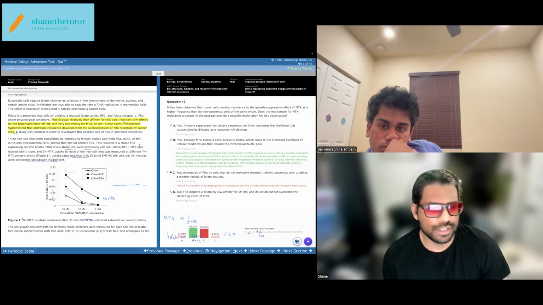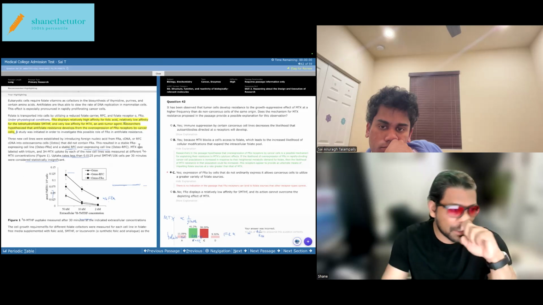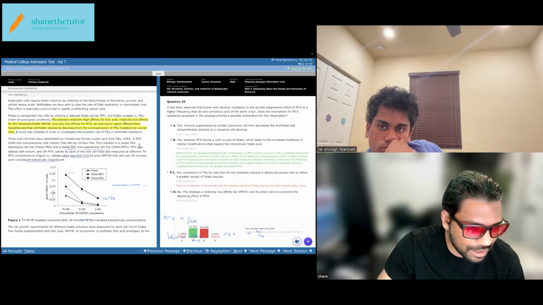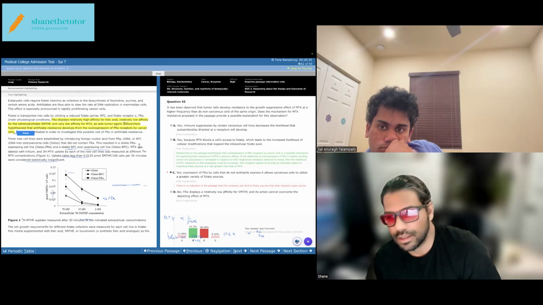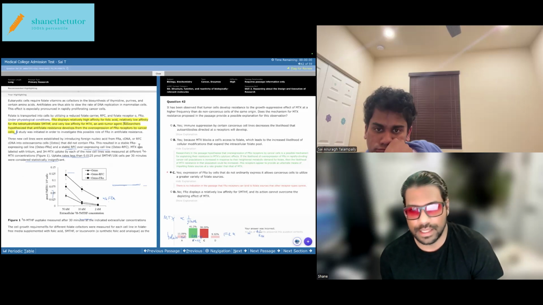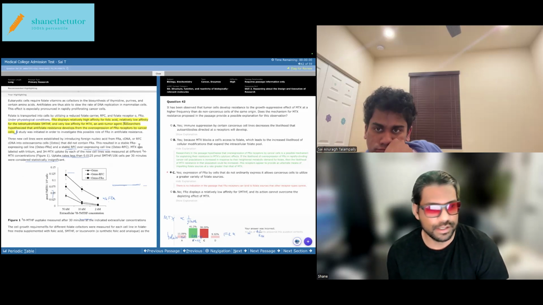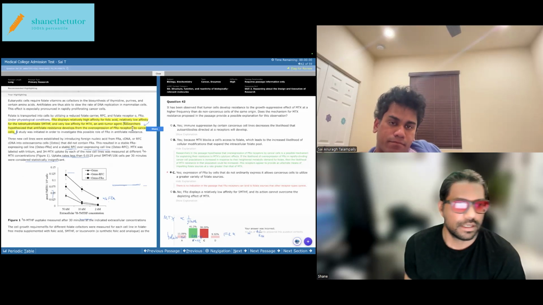So they're saying researchers in the passage hypothesize that overexpression of FR alpha leads to resistance to MTX. Okay, so I did catch it in the right spot here, right? That the overexpression of FR alpha receptors is the mechanism that they propose in the passage, right? Right over here. Yeah. Got it.